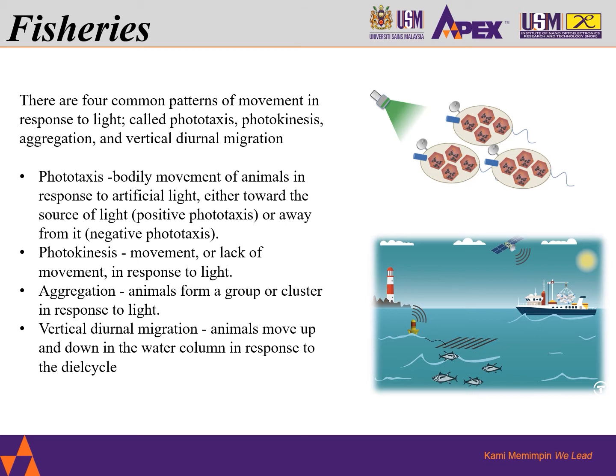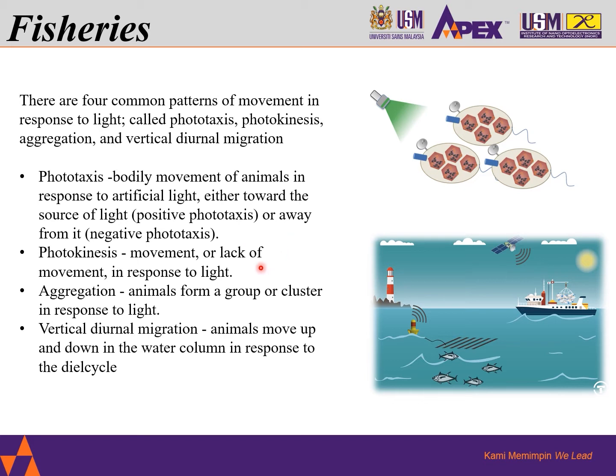So there are four common patterns of movement in response to light. These four patterns are called photoaxis, photokinesis, aggregation, and vertical diurnal migration. So what is that? Photoaxis is a bodily movement of an animal in response to artificial light, either towards the source of light, which is called positive photoaxis, or away from the light, which is called negative photoaxis.